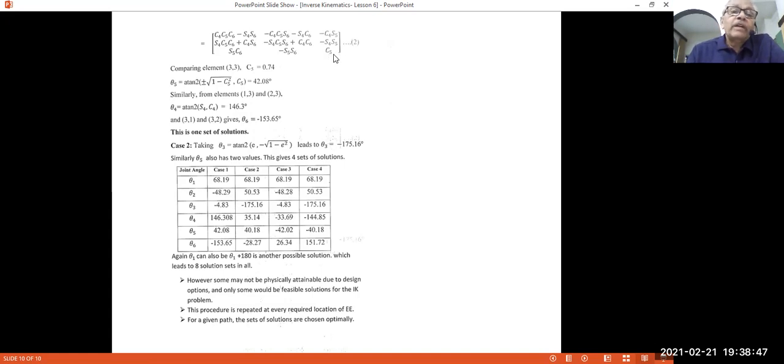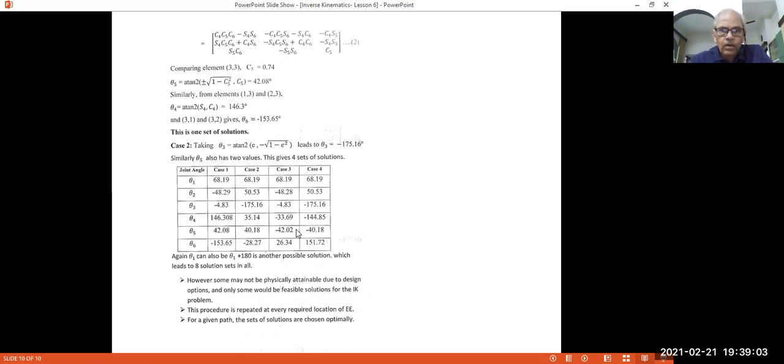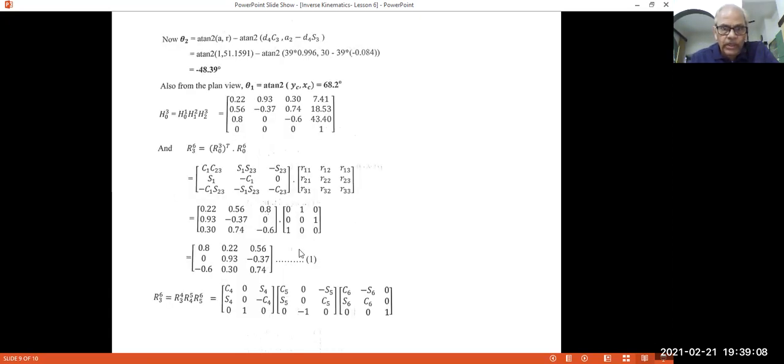Again, once theta 5 is known, these two terms correspond to sin 5 constant, and this is cos theta 4 and sin theta 4. If you take these two terms, so cos and sin are okay. This is sin and cos. So atan2 of the minus of this comma this will give you theta 4.